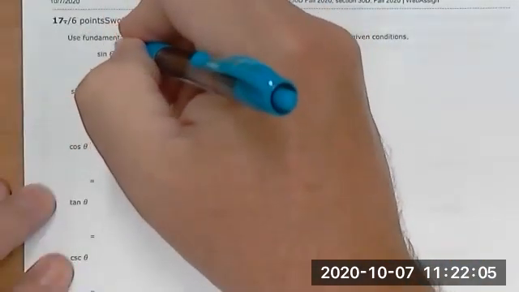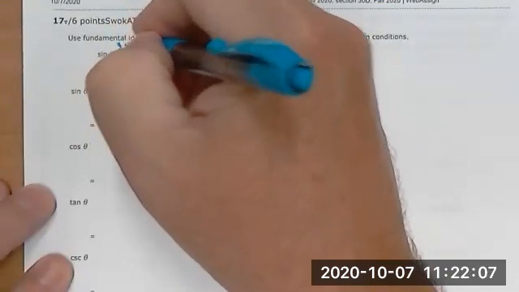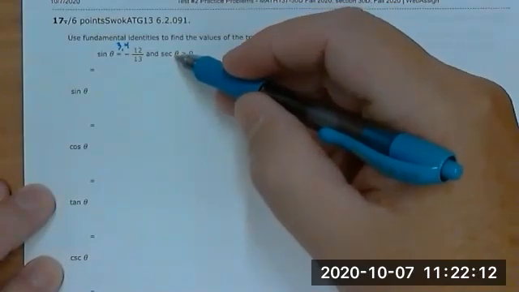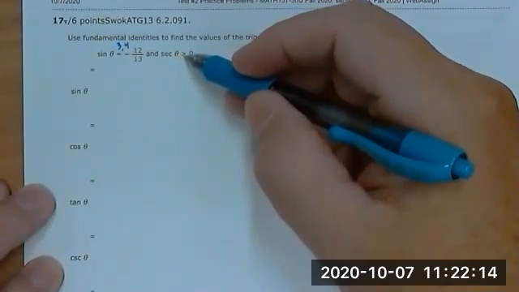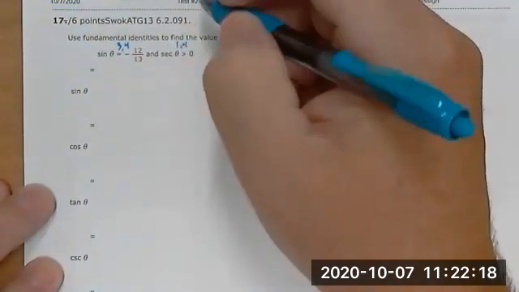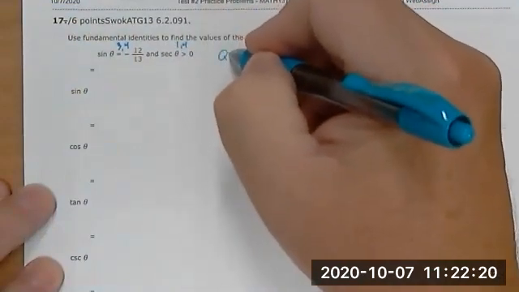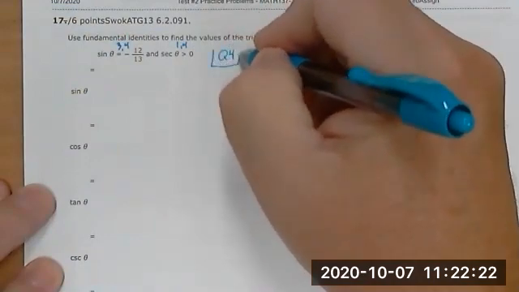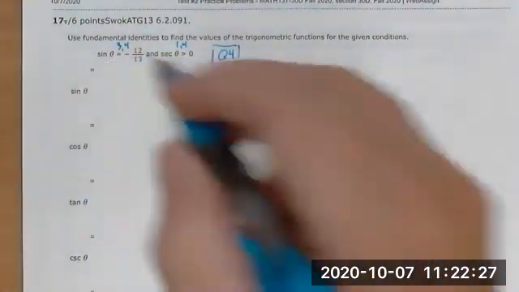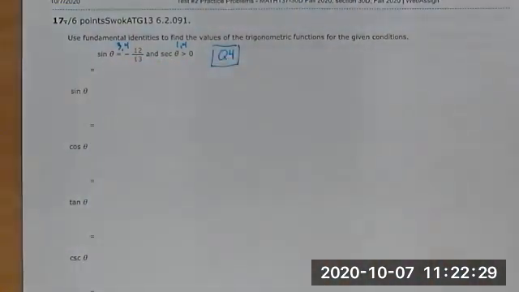Sine's negative in quadrants 3 and 4. Secant is positive, which really means cosine is positive. Where is cosine positive? In 1 and 4. So what's in common? Quadrant 4. This angle theta is in quadrant 4.